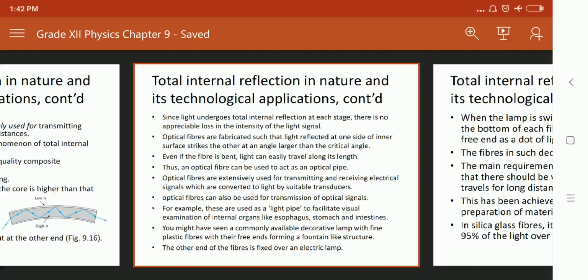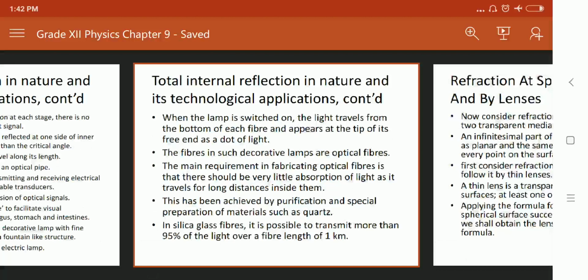It can show like a fountain of light. When this particular lamp is switched on, light travels from the bottom of each fiber and appears at the tip of its free end as a dot of light. The fibers available in decorative lamps are optical fibers.